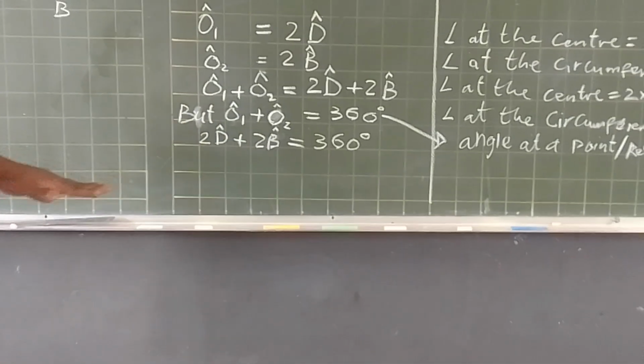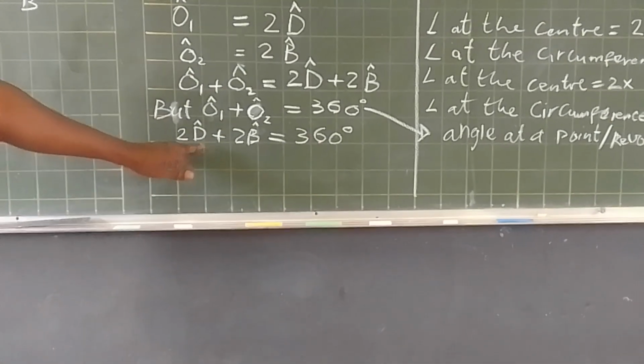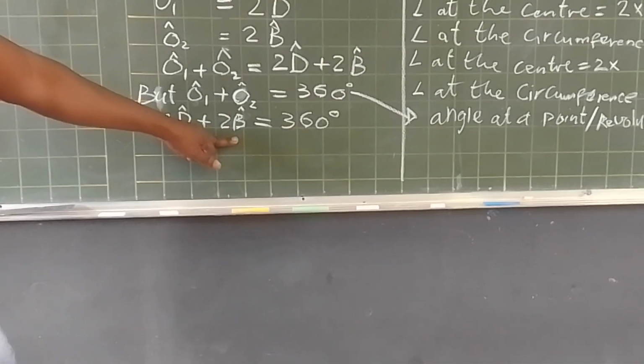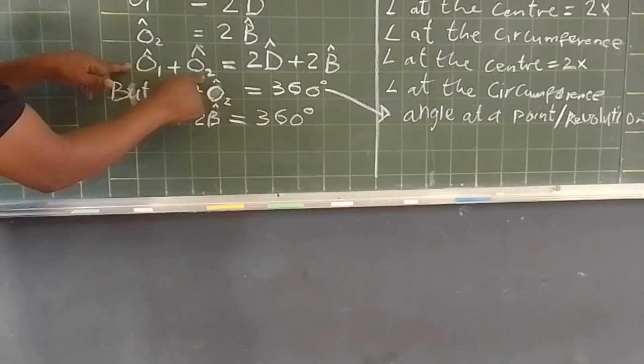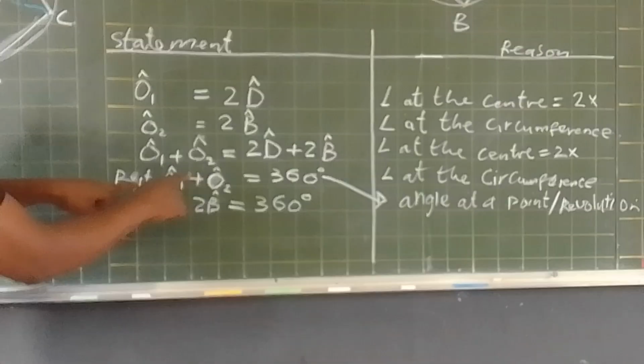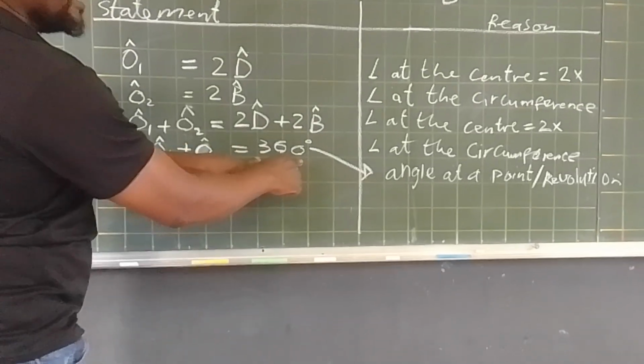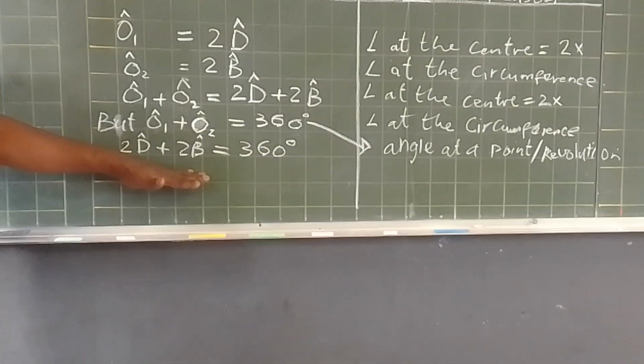What is the reason for that? Because 2 angle D plus 2 angle B are both equal to O1 and O2, and we said that O1 and O2 is 360, which is a revolution.